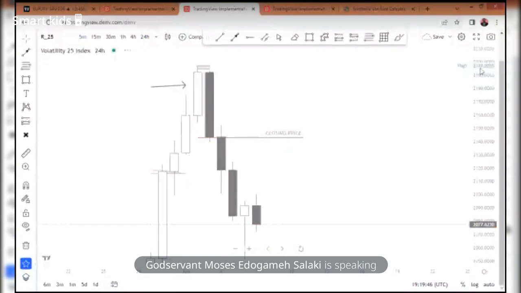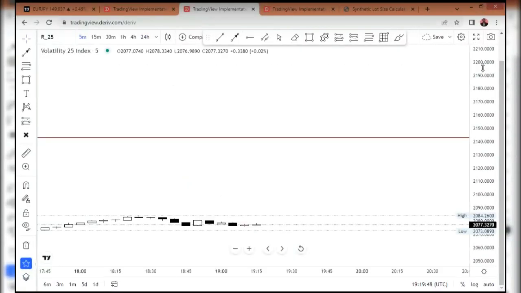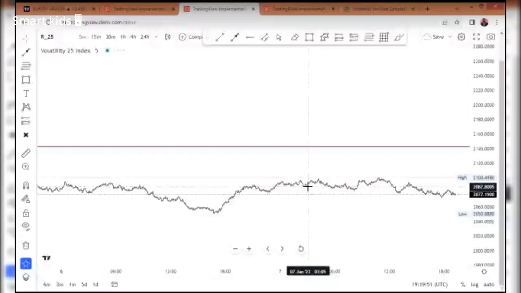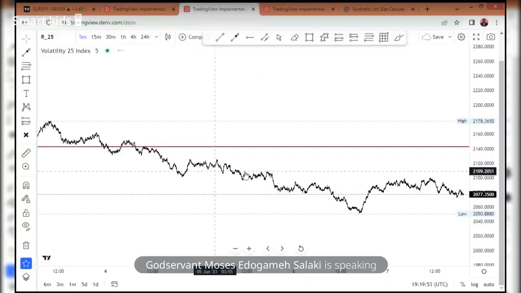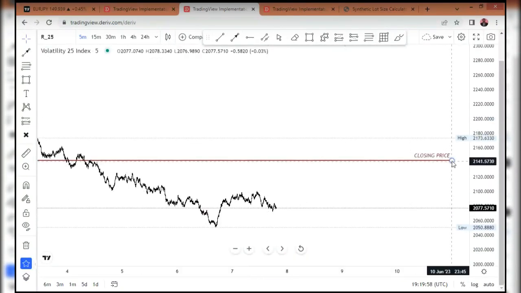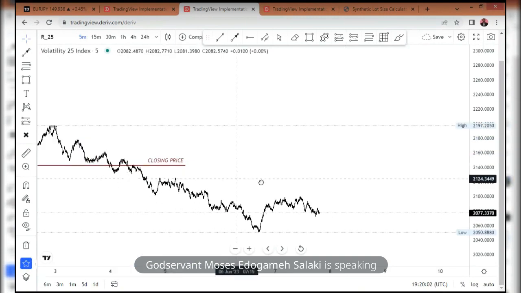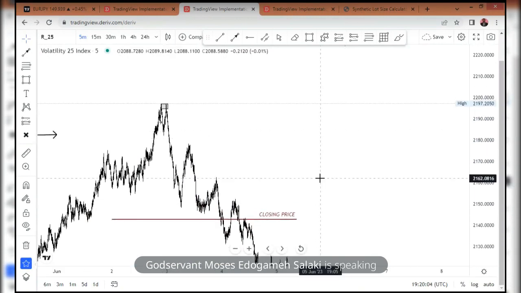Let's see. Okay, this was it. Any formation above this price, we can get in on the sell.